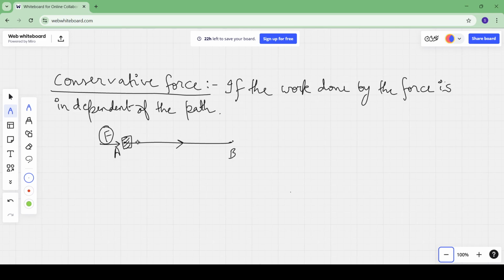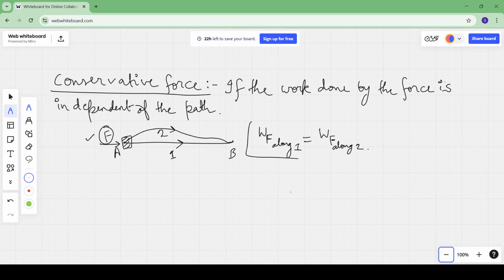Now, here's the case. If I just change the path, keeping the initial point and the final point the same, but making the path different, say this is path one and this is path two, and I apply the same amount of force, then if it is a conservative force, the work done by this force along path one is equal to the work done by the same force along path two.